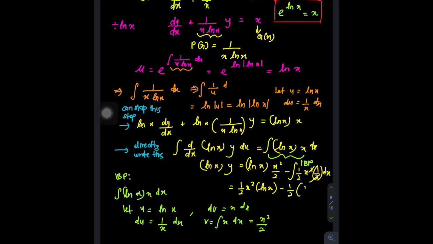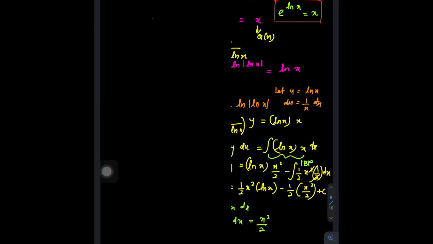So this one is x squared over 2, then plus c, equivalent to 1 over 2 x squared ln x minus 1 over 4 x squared plus c. Therefore, our ln x times y is equivalent to 1 over 2 x squared ln x minus 1 over 4 x squared plus c.